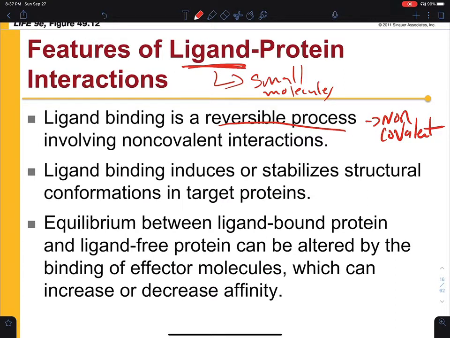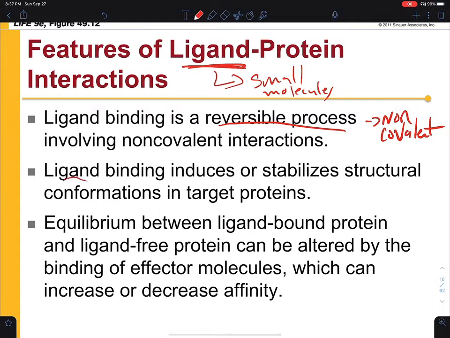And a protein typically is much bigger than the ligand, so it surrounds the ligand and provides a space for the ligand. It has one region of its shape that is dedicated to that ligand binding.